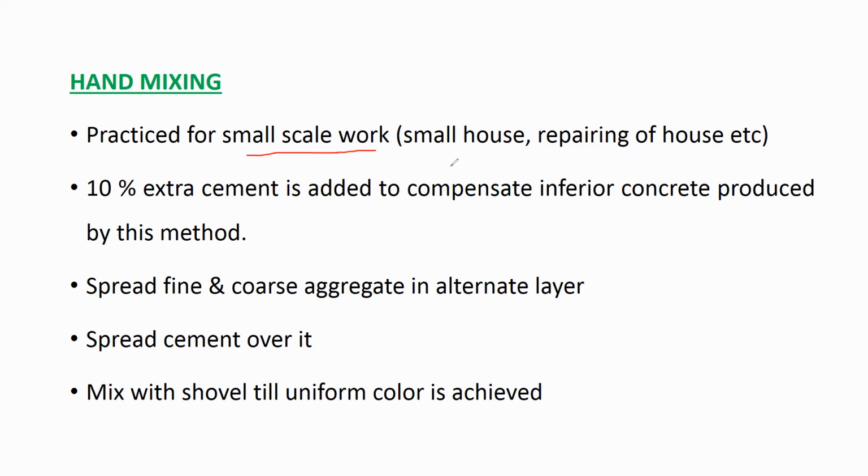If you are mixing a large quantity, put a layer of sand, then coarse aggregate, then cement, and again sand, coarse aggregate, and cement, layer-wise. Then mix it with the help of a shovel until it becomes uniform and shows a uniform color.